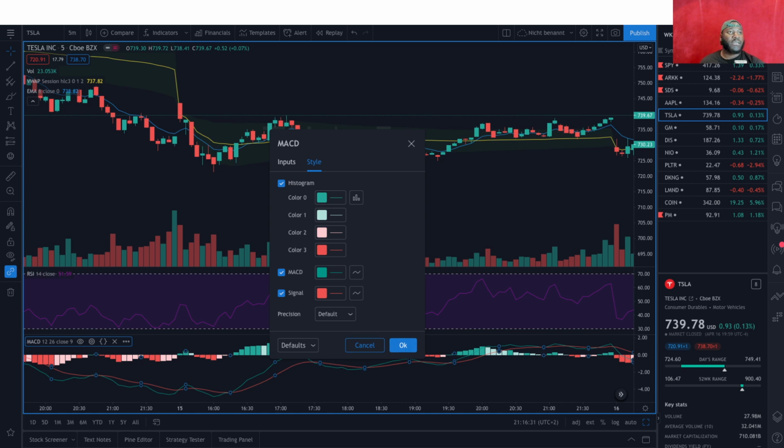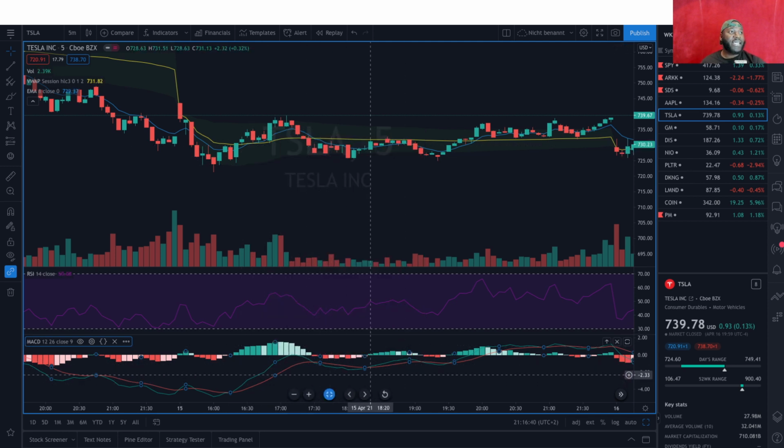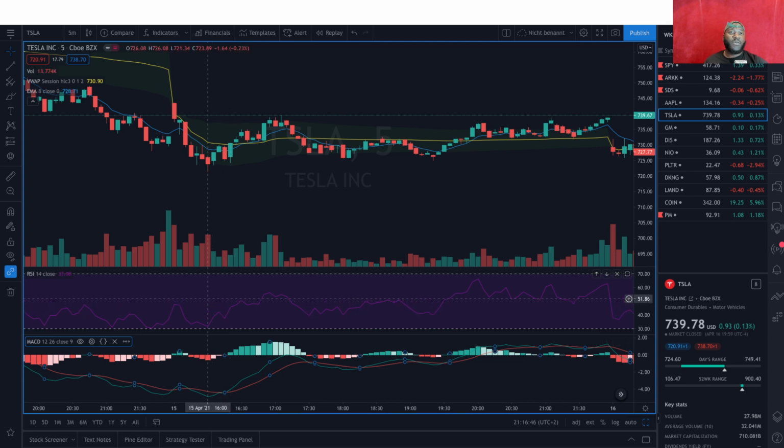Yeah, this one is good. So now I have set my MACD colors the way I normally have it. Okay, so now I have it in my charts. So this is how you set it when it comes to day trading. This is how you set your indicators, and now the strategy.